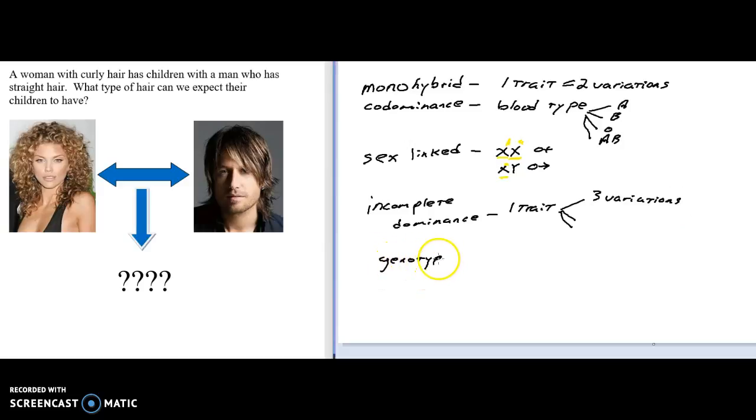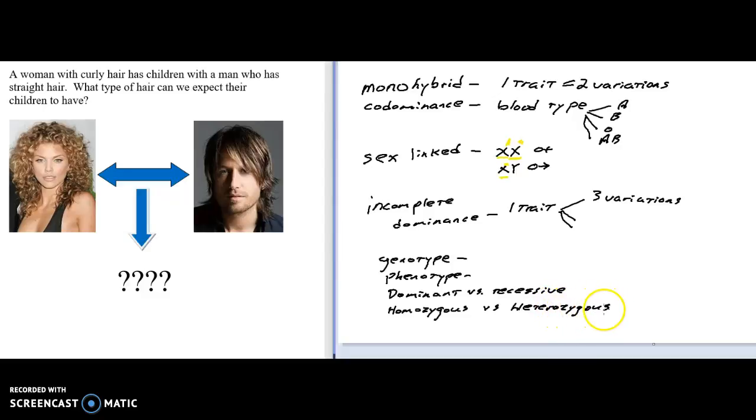Okay, terms to be comfortable with. Genotype, can you define that or give an example? Phenotype, can you define that, give an example? Dominant versus recessive. Homozygous versus heterozygous.